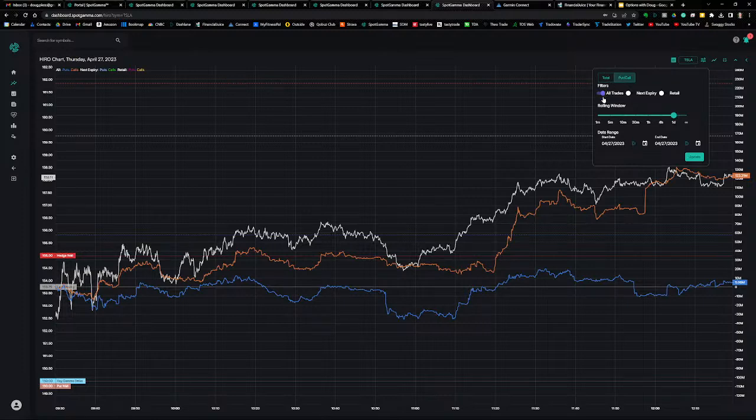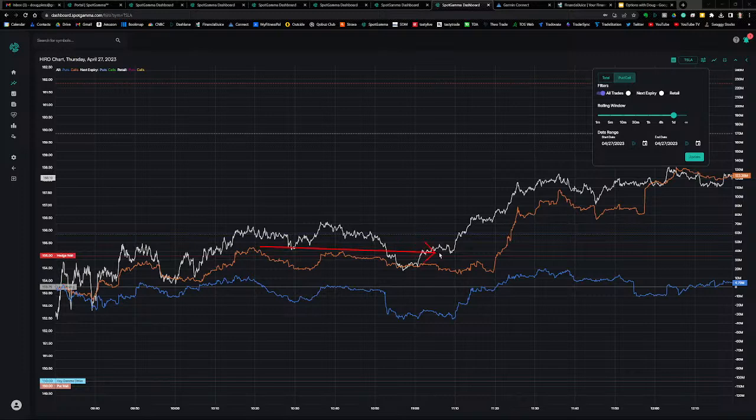Yeah, so it looks like there was a slight drop in call buying that picked up around 11:20 as price was already increasing. So call buyers were definitely lagging here.